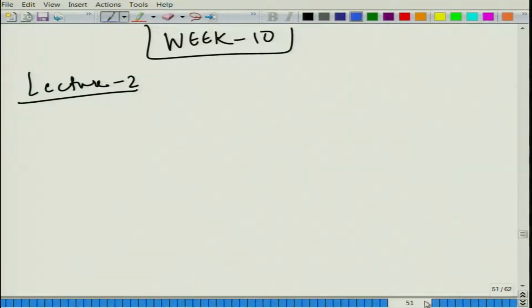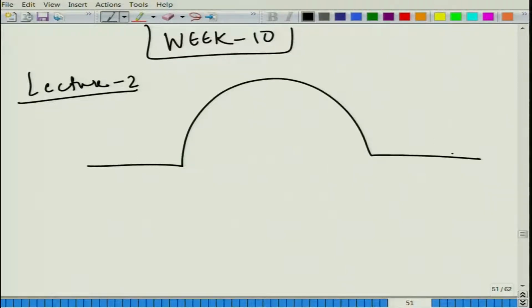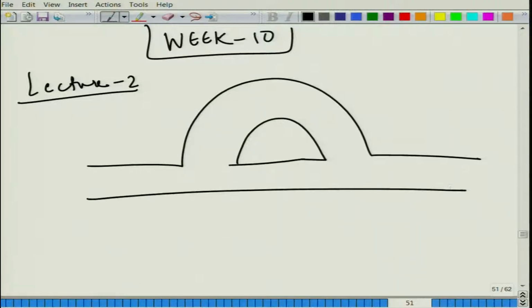We again have the junction laws. Let me draw this again. We have this kind of a thing, and we assume that the pressure is uniform at this point. So, let us name these 1, 2, 3, this is 5, 4 and 6.